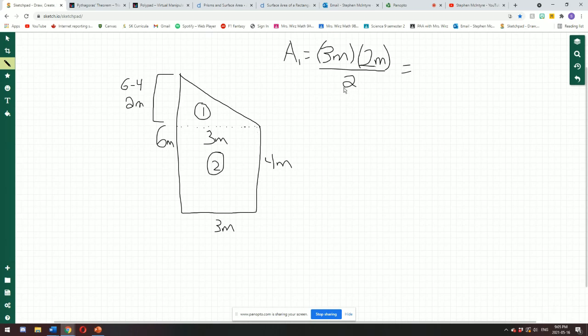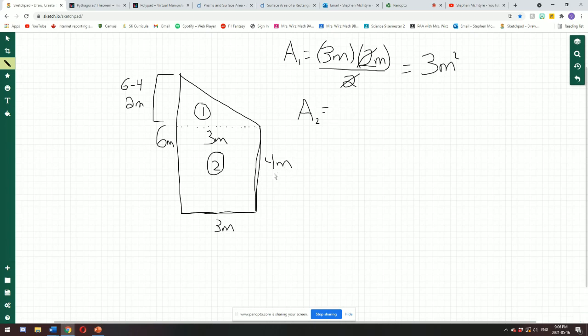So if we punch that in, these 2's will cancel. This is 3 meters times a meter. That'll give us 3 meters squared. That's the area for this top triangle part. And if we want to find the area for the bottom part, for shape number 2 there, it's going to be a rectangle, so we know that we've got base times height here, or length times width.